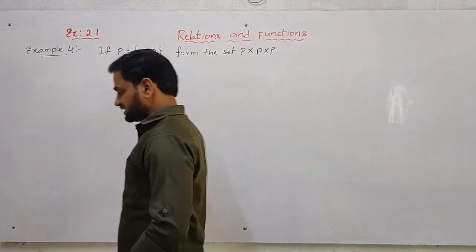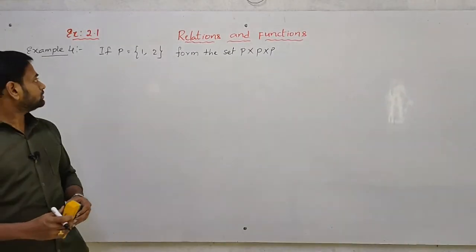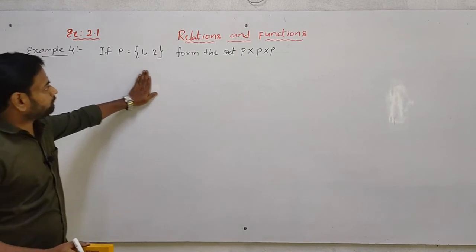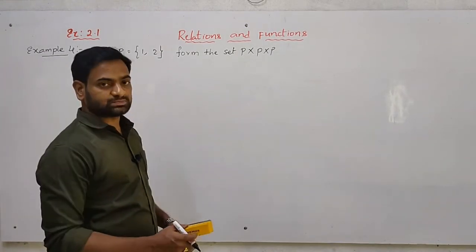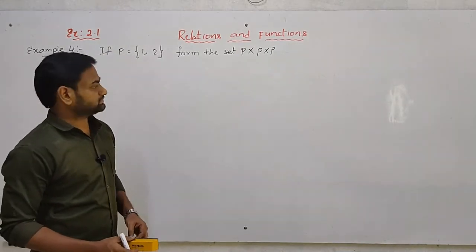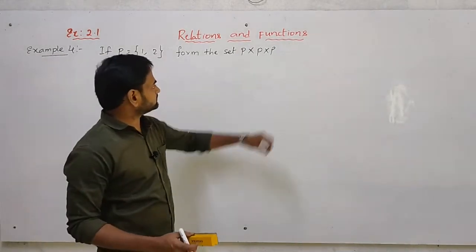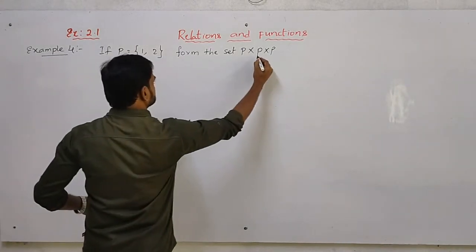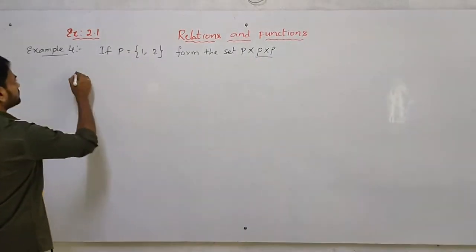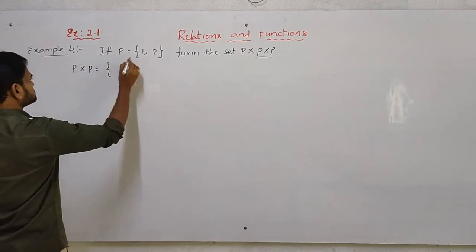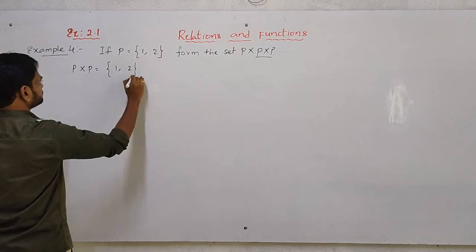See, the next one is example 4. If P is {1, 2}, form the set P cross P cross P. That means it is an ordered triplet. See here, first I am finding P cross P. So what is the P set? {1, 2}.